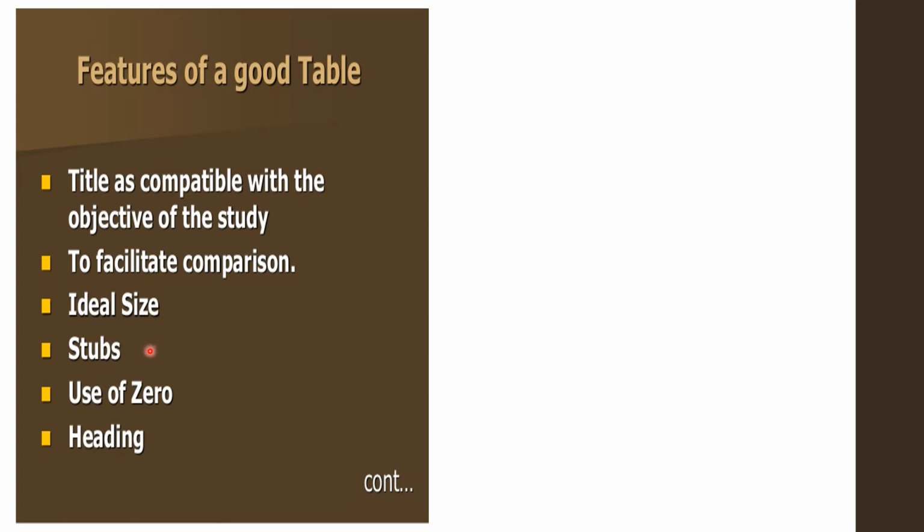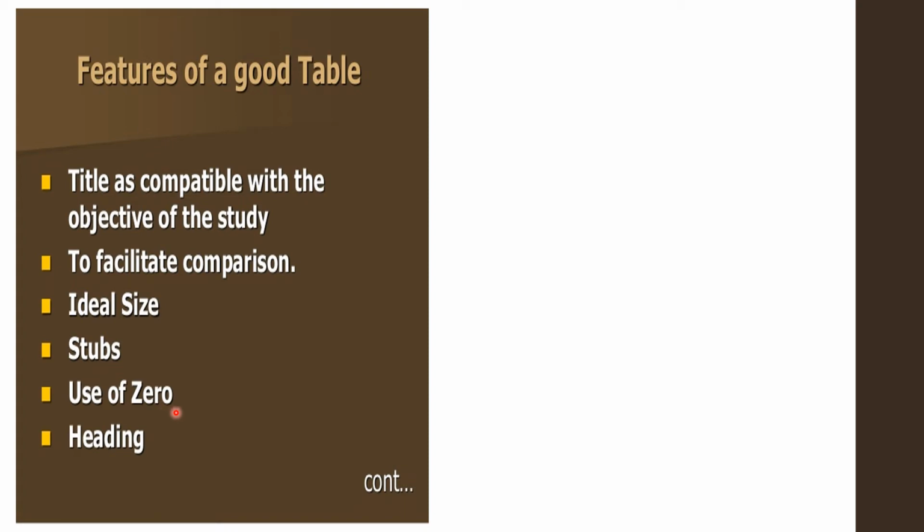The next feature is stubs. If the rows are very long, then we need to make stubs, which may be given at the right hand side of the table also.